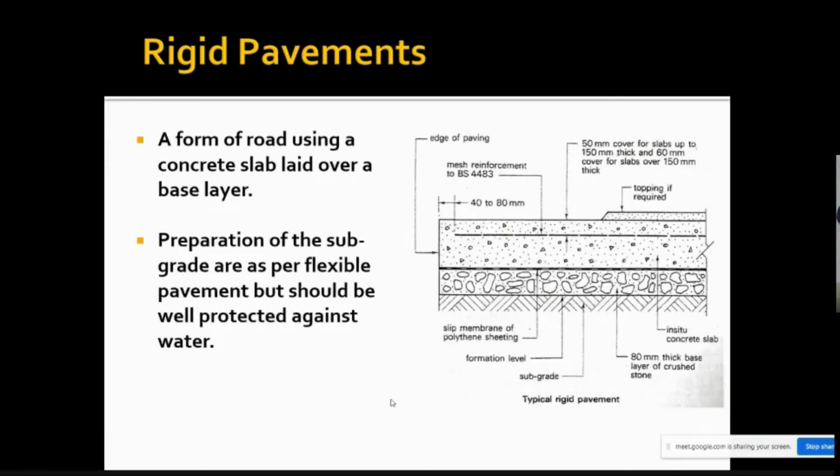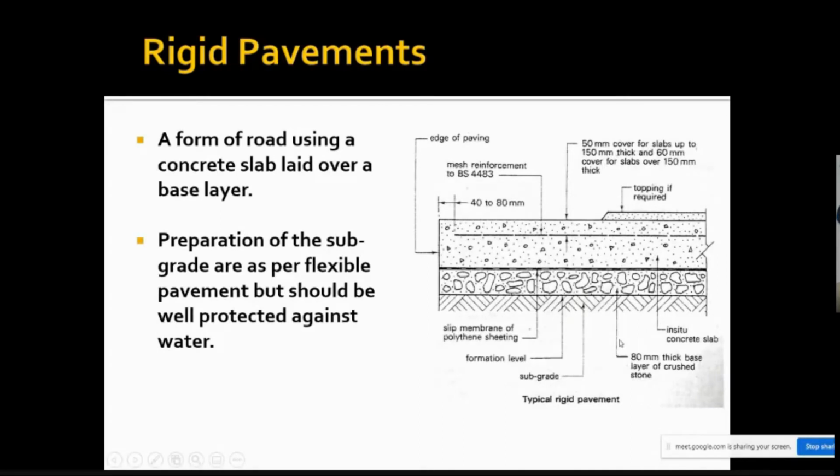Preparation of the base subgrade is the same as flexible. What it says here is the soil, the same process. It means when you have scraped the soil, you have to compact the subgrade. The subgrade is the same. Only on top of the subgrade we have the subbase, at formation level.